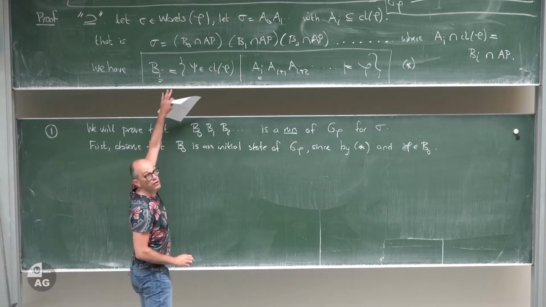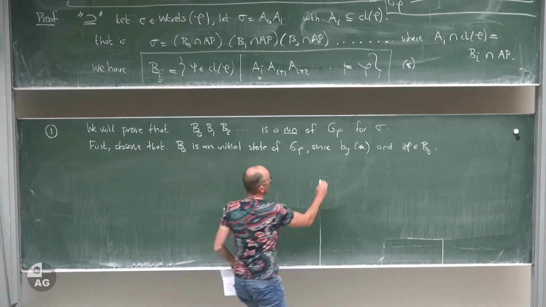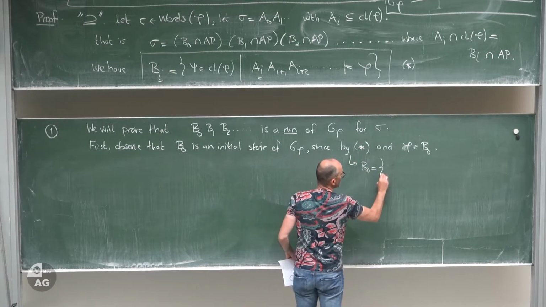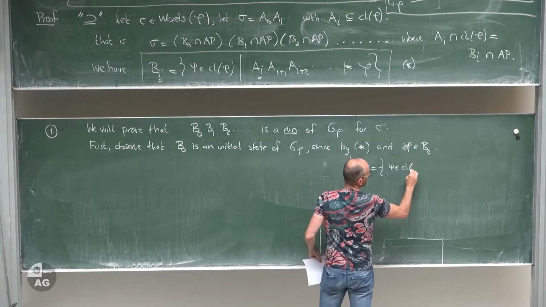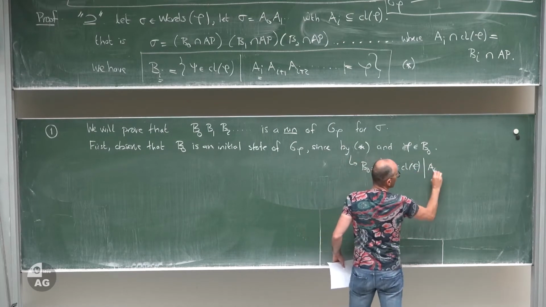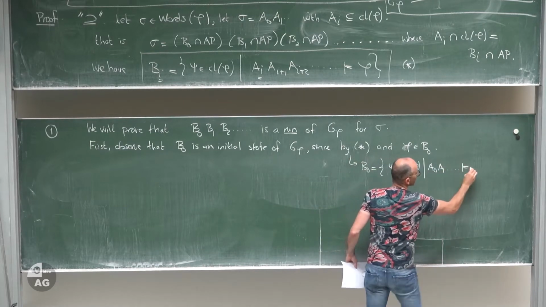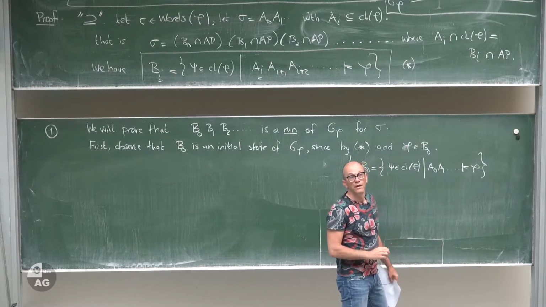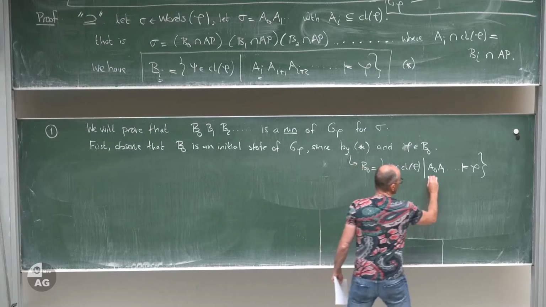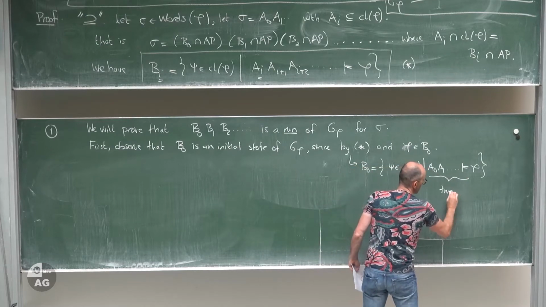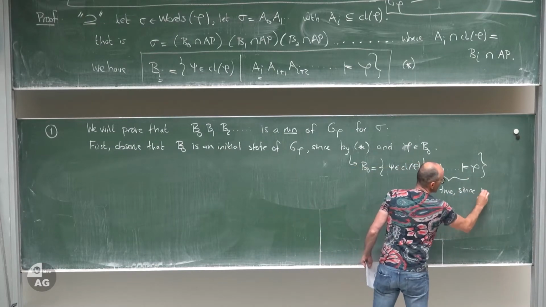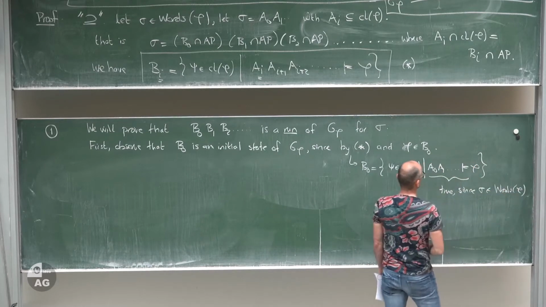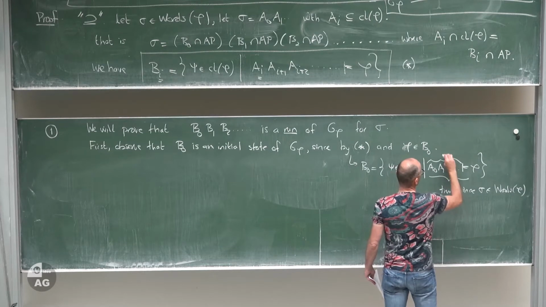So slowly, what do we have? We have that by star B0 is the set in the closure such that A0, A1, etc. satisfies phi. This is true, since sigma belongs to the words of phi. And this A0, etc. was sigma.